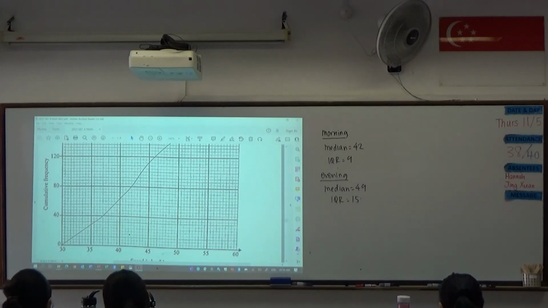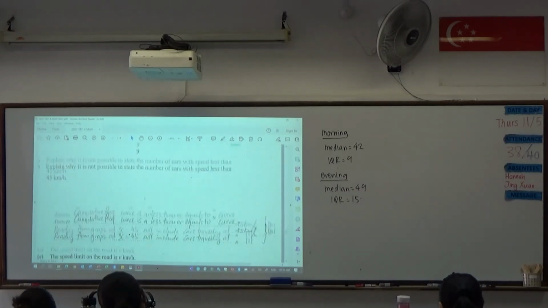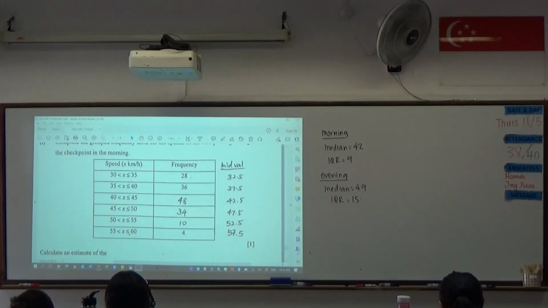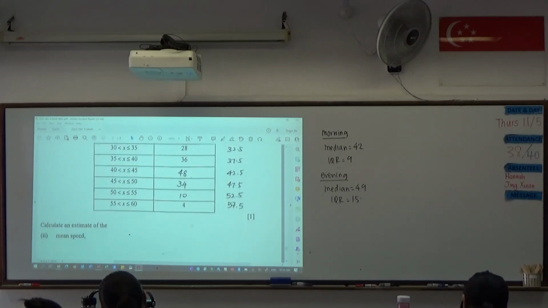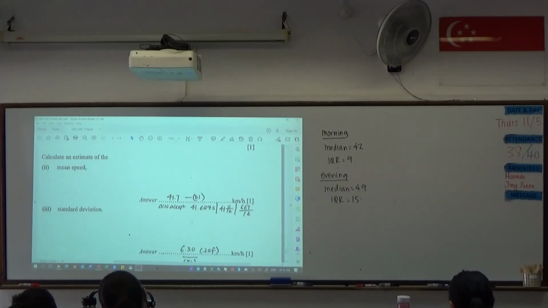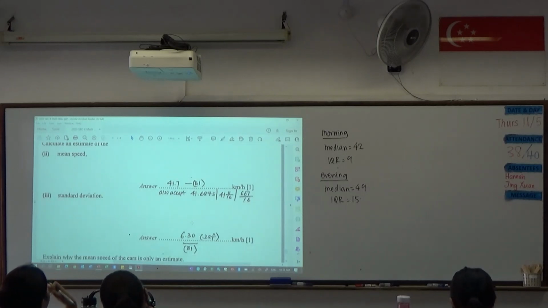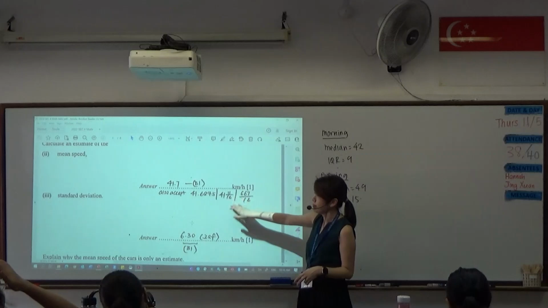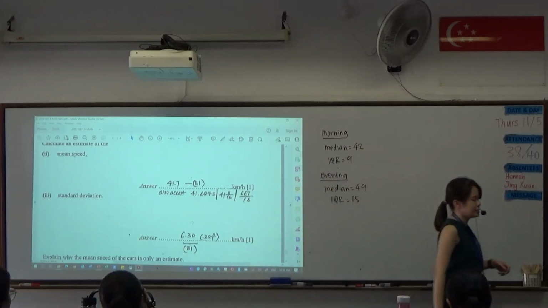Then you will be able to get the difference, which is 48. Likewise, 34 and 10. It must be all values stated, then you get the 1 mark. The mid values were required for estimating the mean speed and the standard deviation, which should be 41.7, or you can give the exact values, that's fine. And also the standard deviation is 6.30.